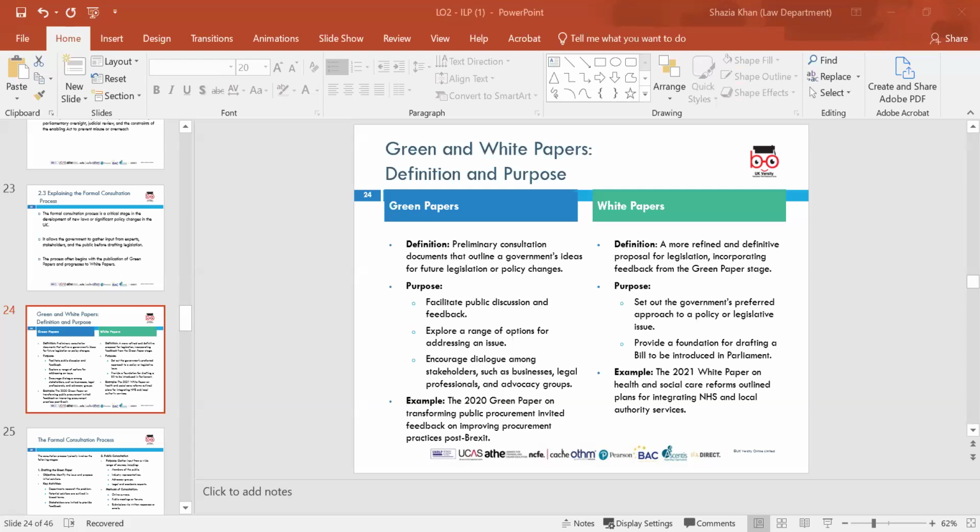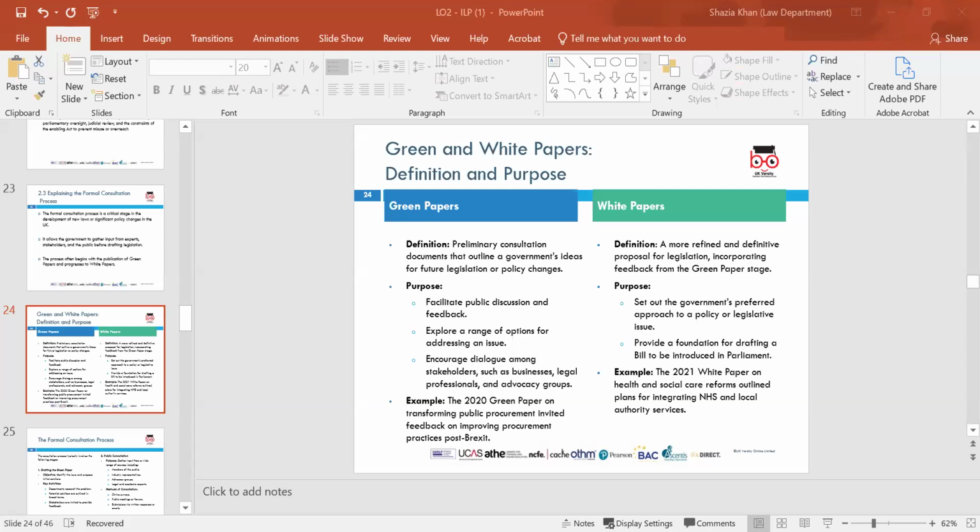Green papers are used to debate a certain subject. The purpose is to facilitate public discussion, explore a range of options, and encourage dialogue. An example is the 2020 Green Paper on transforming public procurement, which invited feedback on improving procurement practices post Brexit.